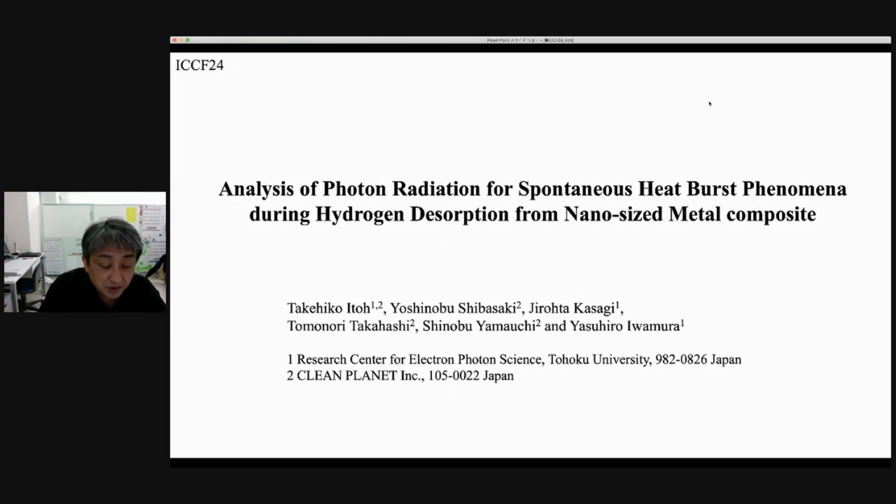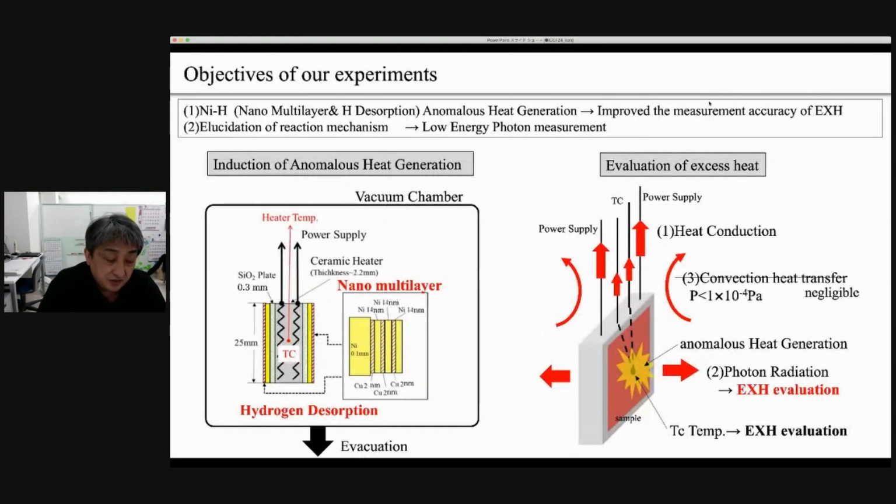I'll talk about analysis of photon radiation for spontaneous heat burst phenomena during hydrogen desorption from the nano-sized metal composites. We have observed anomalous heat generation phenomena by hydrogen desorption using nanostructured thin films.